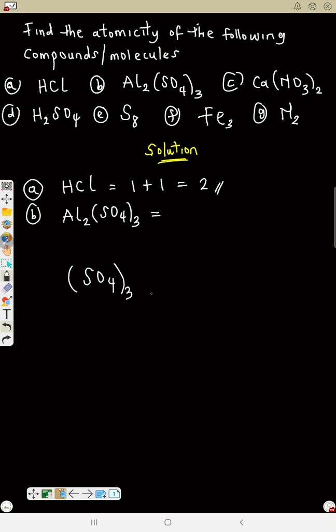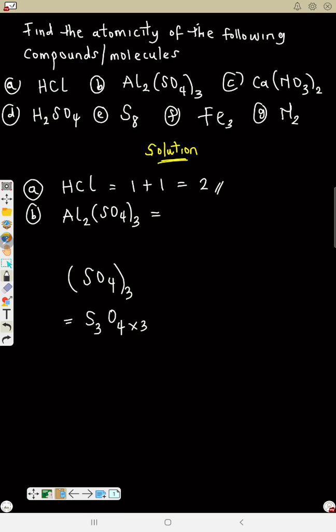Anytime you have something like this, in brackets with a subscript outside, that subscript will multiply everything inside. So this will be S3, because this 3 will come to this S and affect that S. Then O12. So how do we get 12? You say the 4 multiplied by 3. You know there is 4 in the O, then multiply by the 3.